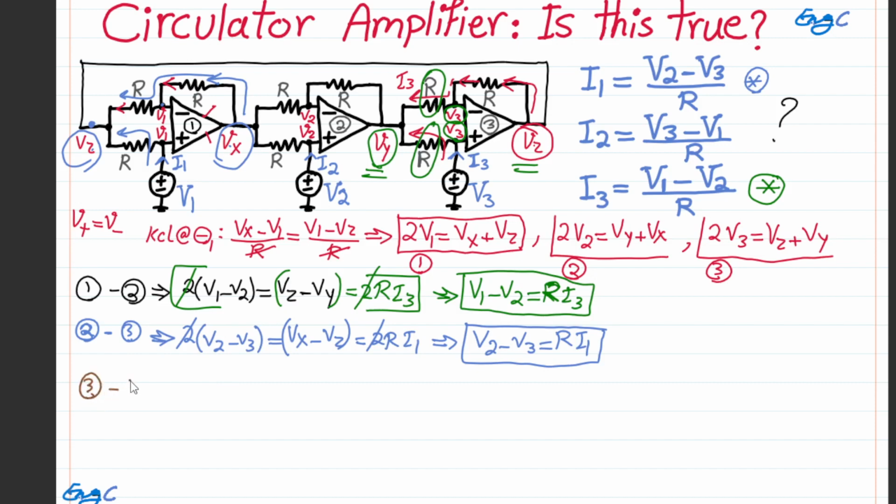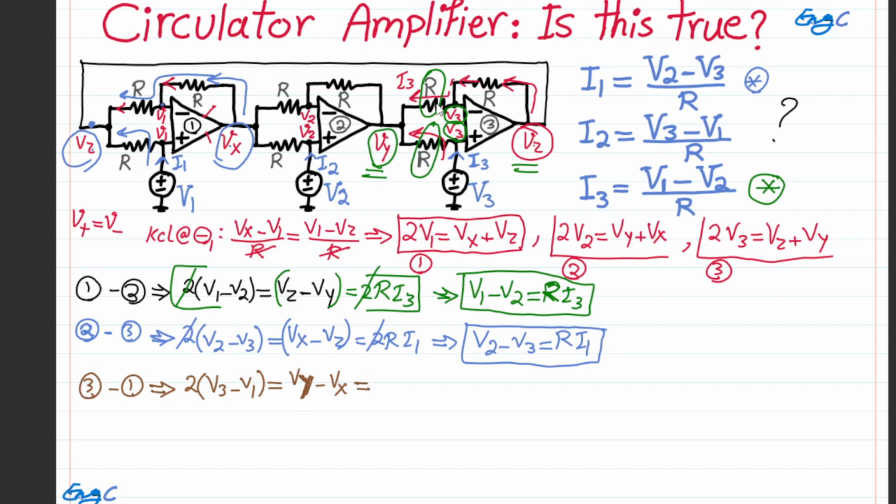So 3 minus 1 will give me 2 times V3 minus V1 equal to Vz plus Vy minus Vx minus Vz. So Vy minus Vx. Interesting. Similar to what I showed you in the two earlier ones.